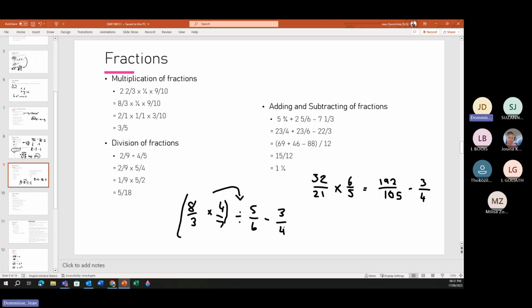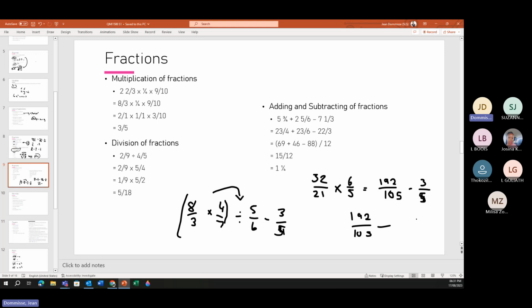Let's say that was 3/5. So if we say we need to subtract 3/5, so 192 over 105, we need to convert that 5 into 105.